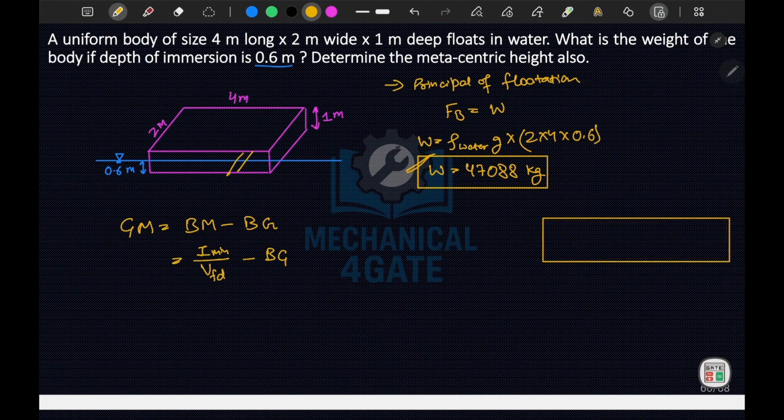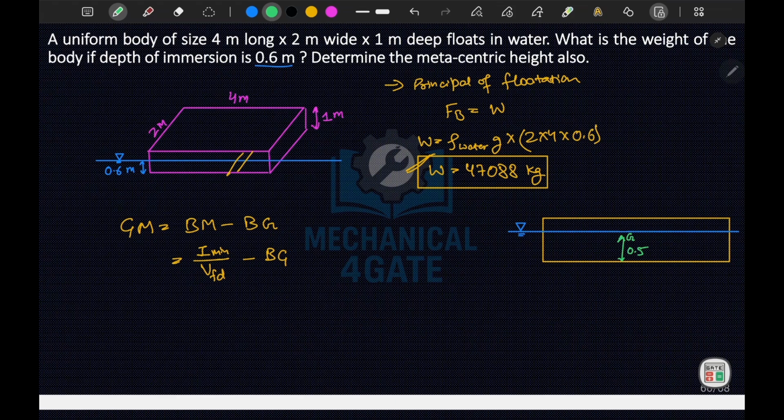This is this face, and your water line is somewhere here. This point is your G, at half the distance. Since your depth is 1 meter, this will be 0.5 meter, and this is your center of gravity.